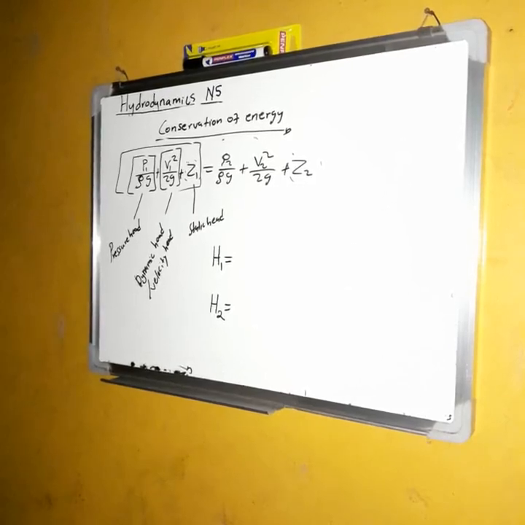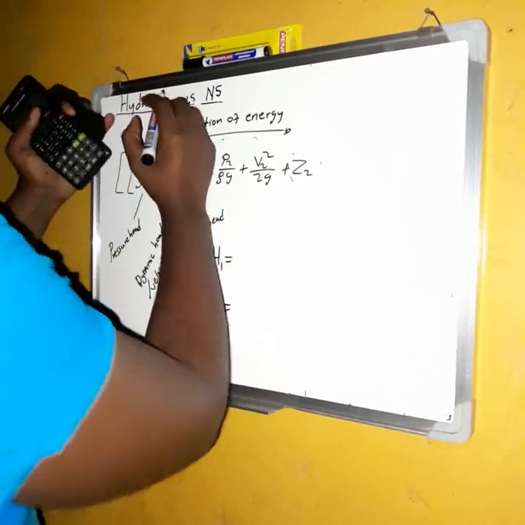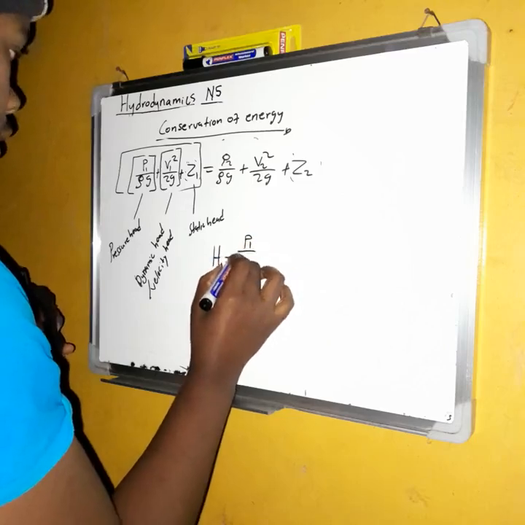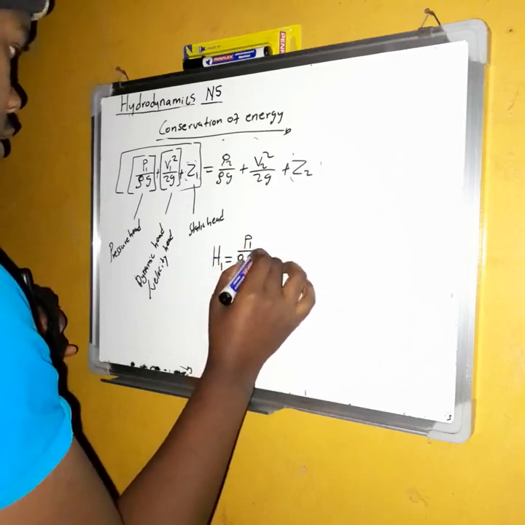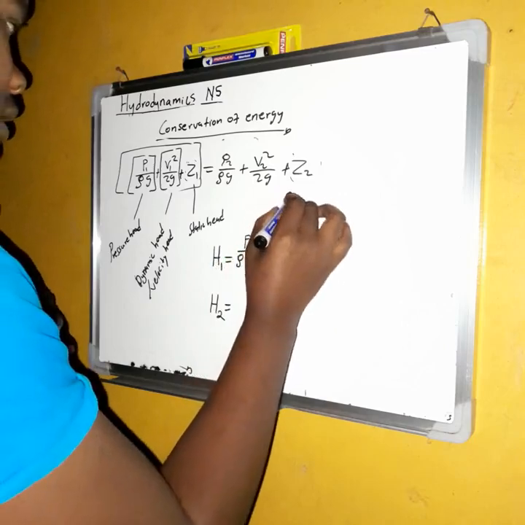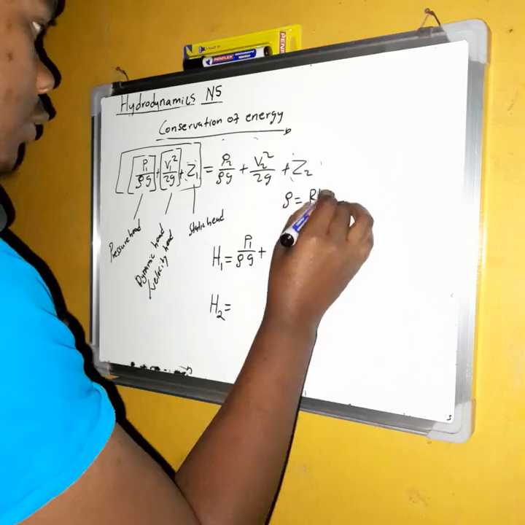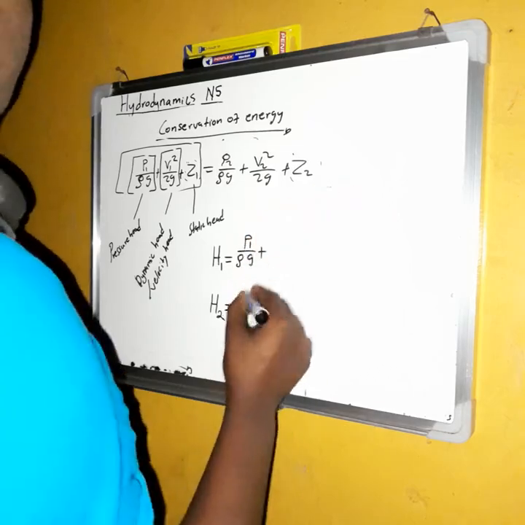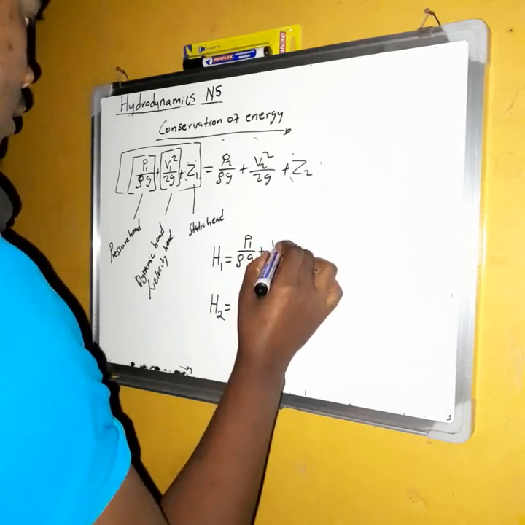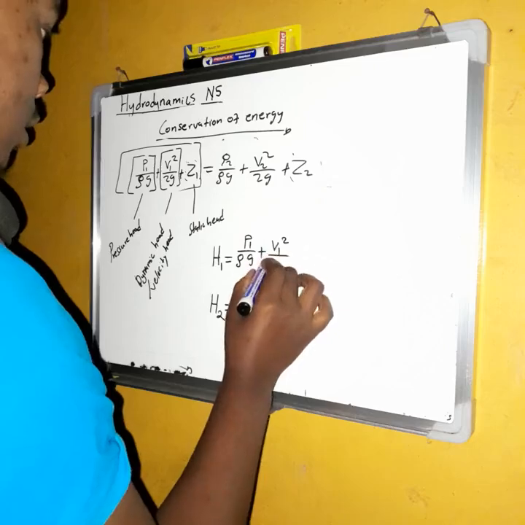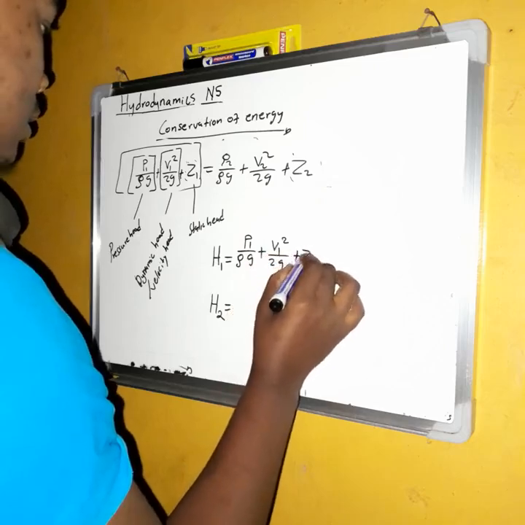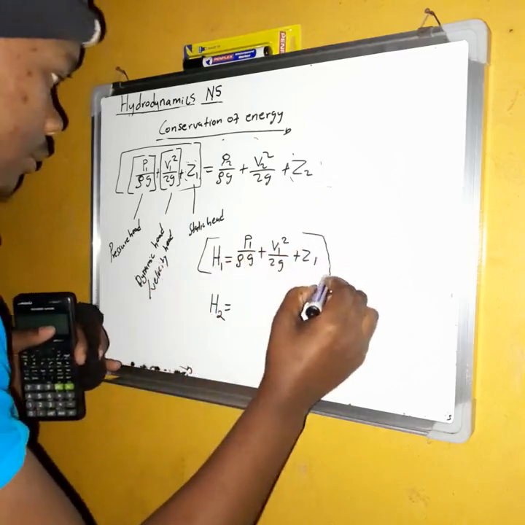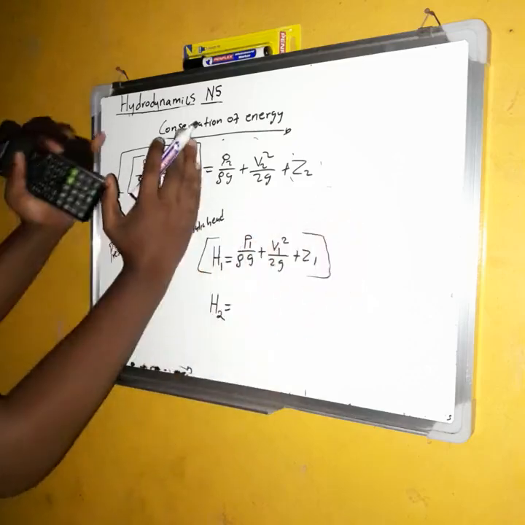That will be H1. The left hand side is P1 over density multiplied by g (remember, density is the same as rho), plus V1 squared over 2g, plus Z1. This is H1.